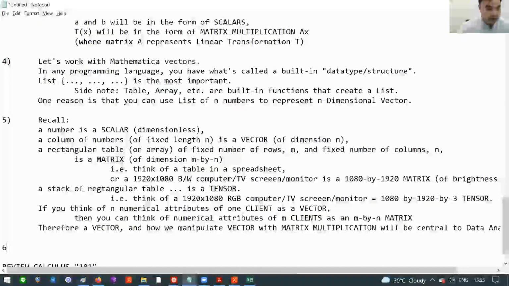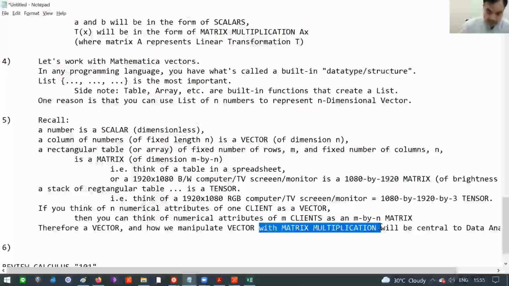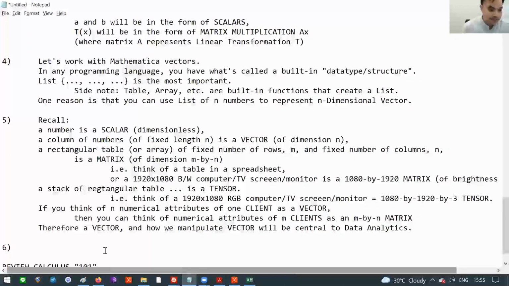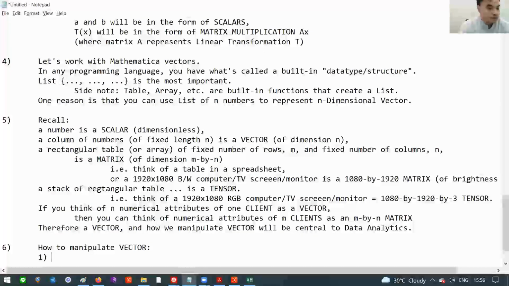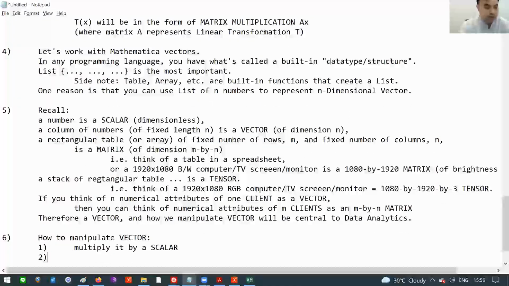How to manipulate vector. 1. You can multiply it by a scalar. 2.